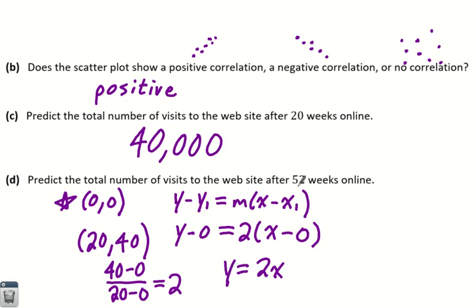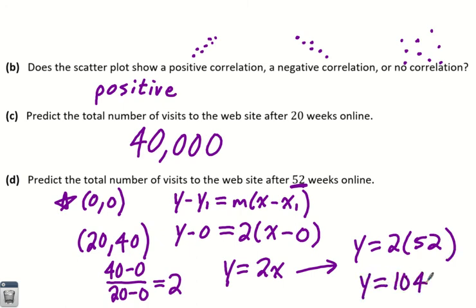And so what you could do here is take this 52 and literally plug it in for x, because it's a number of weeks value. And so I believe this is going to be 104, or really 104,000 visits. So that's my answer, 104,000 visits.